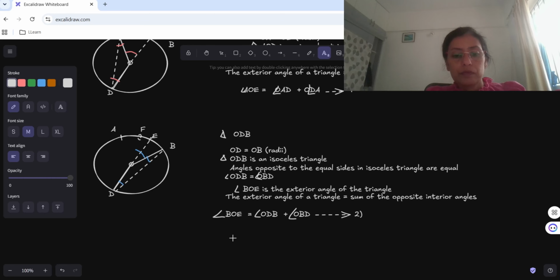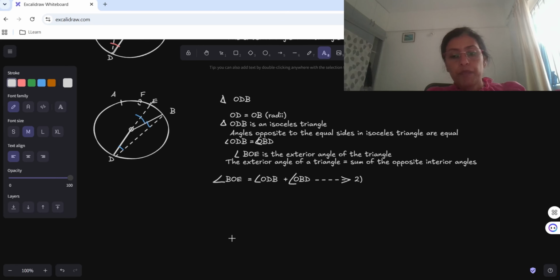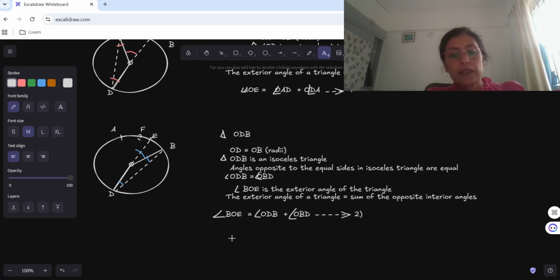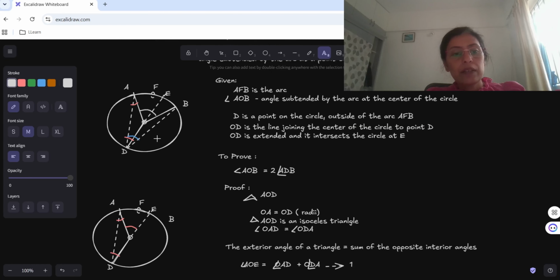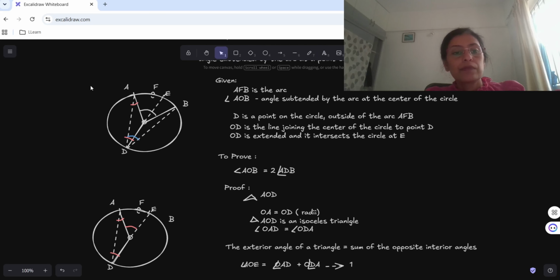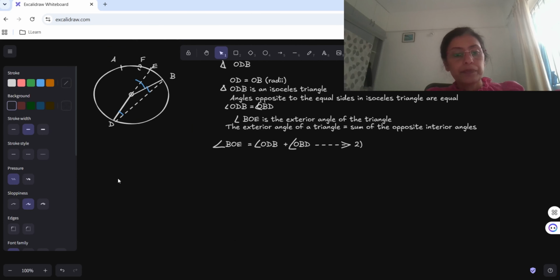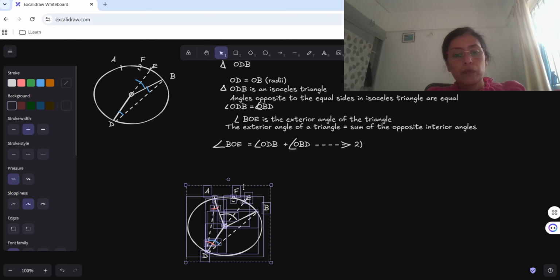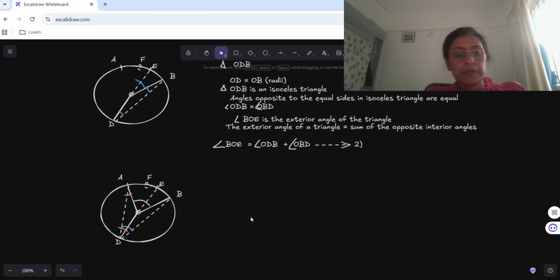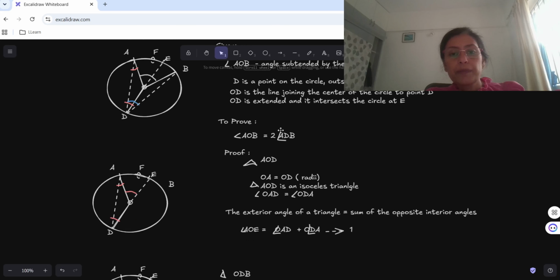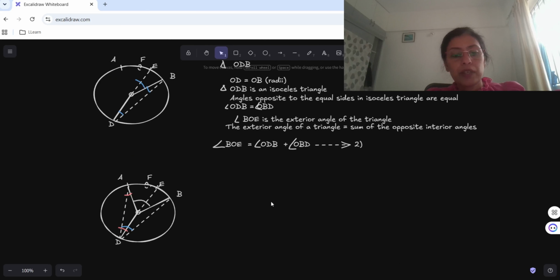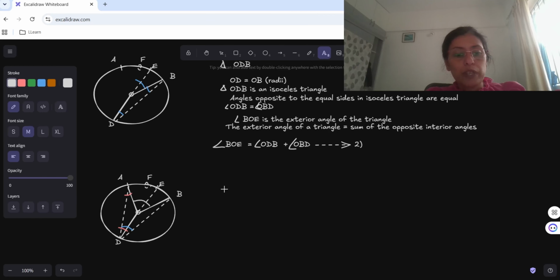Okay. Now let's go back again to this complete figure. Copy this. Okay, now what I had to prove here was angle AOB is equal to twice angle ADB. So let's start with proving that.